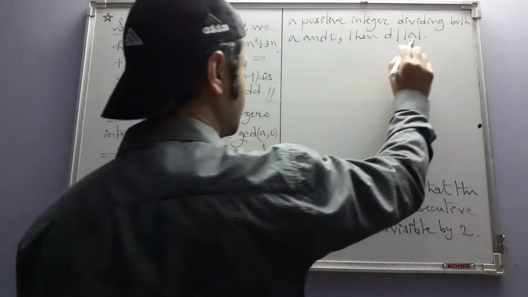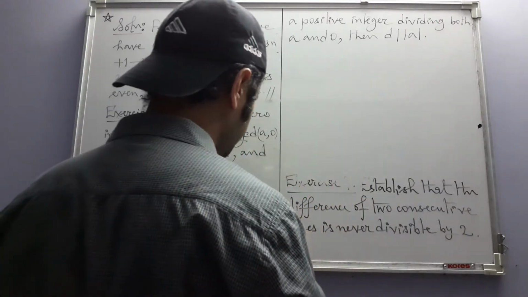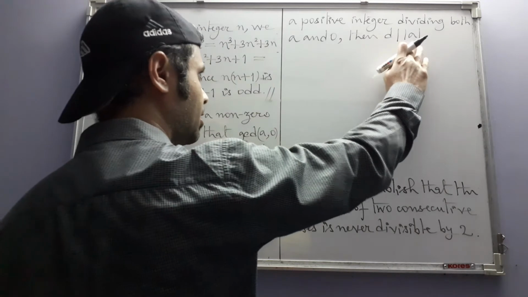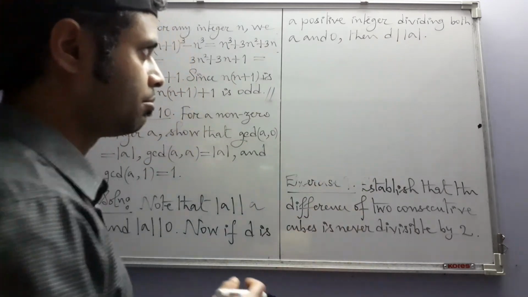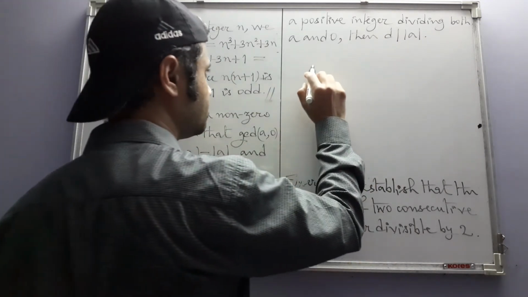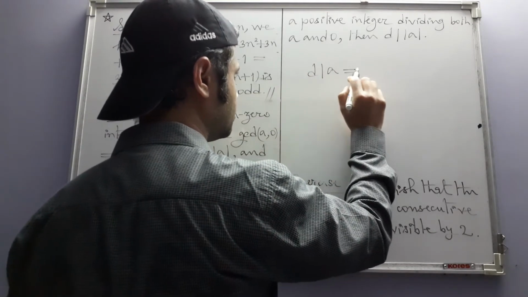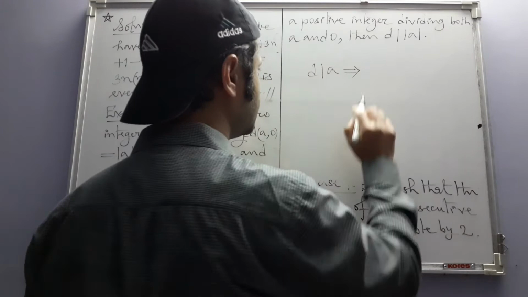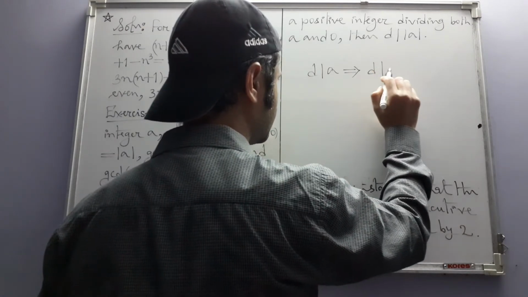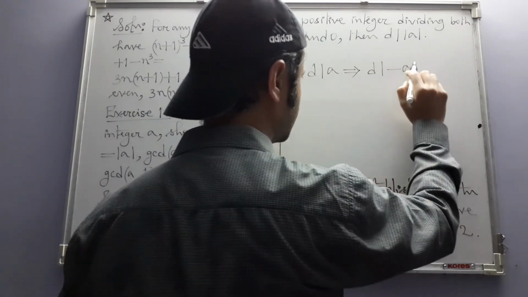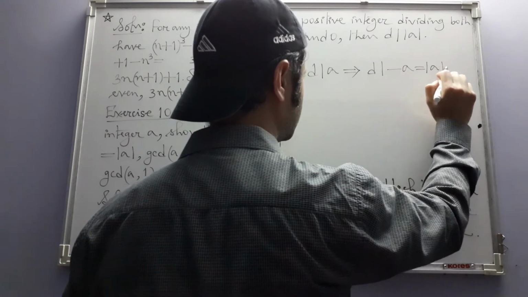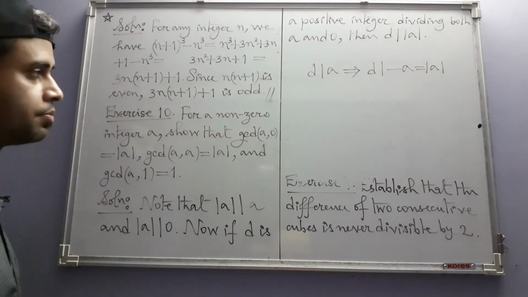Why? Because if A is positive, then the absolute value of A is A itself. But if A is negative and D divides A, then from elementary properties of divisibility, D also divides minus A, which is the absolute value of A.